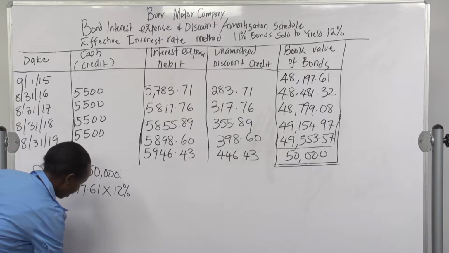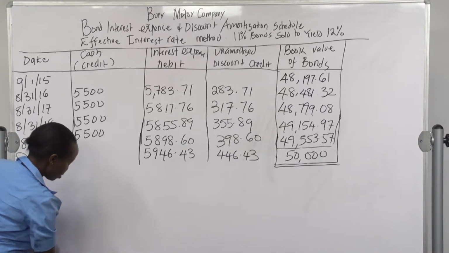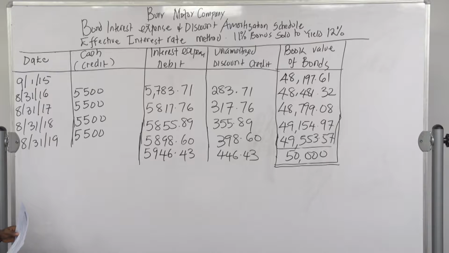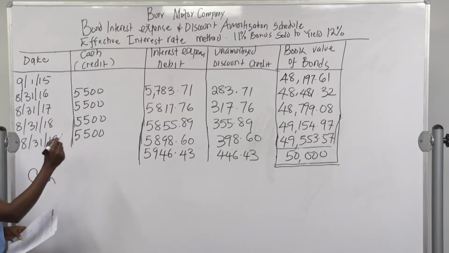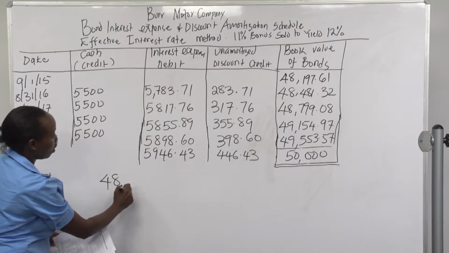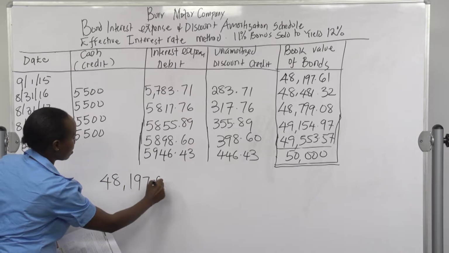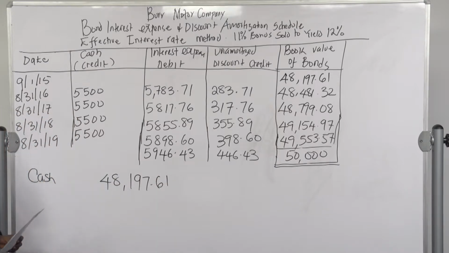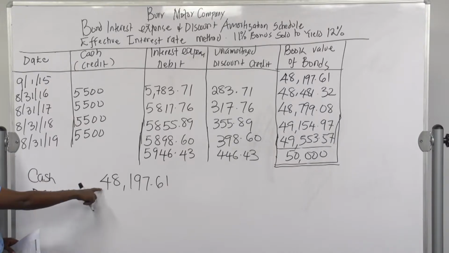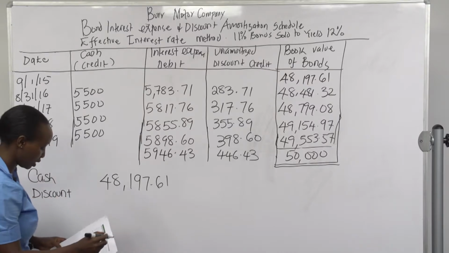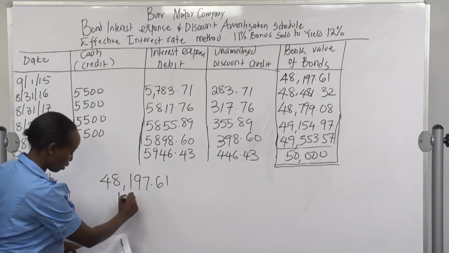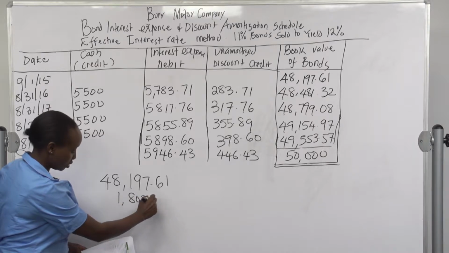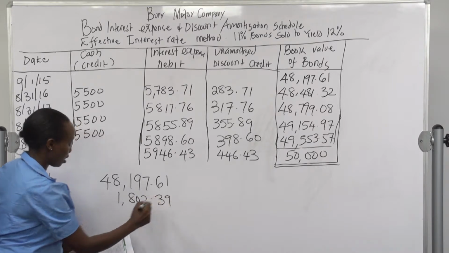The first journal entry is to record the issuance of the bond. When we issued the bond, we received cash for it, and that was $48,197.61. That was at a discount. So we had a discount for the difference, equal to 50,000 minus 48,197.61. So our discount was $1,802.39.